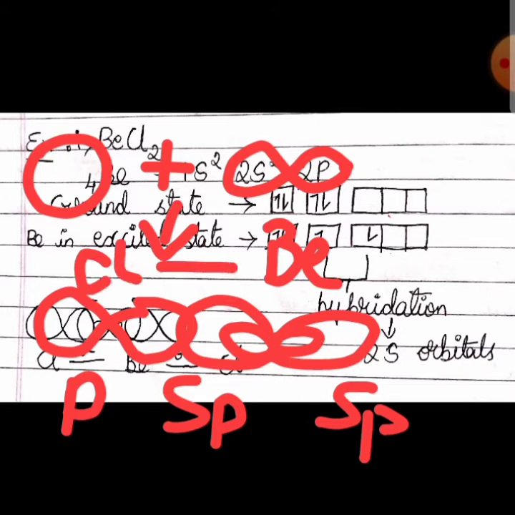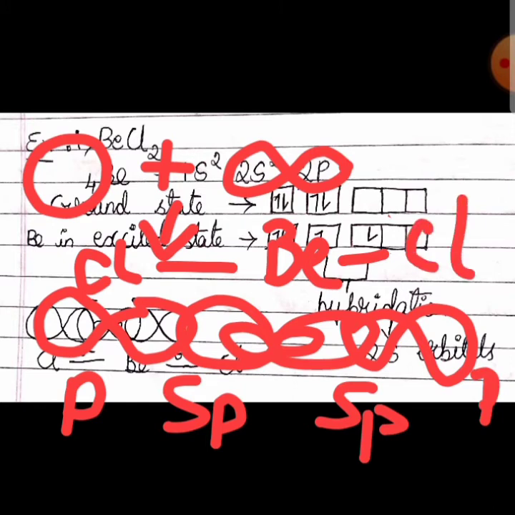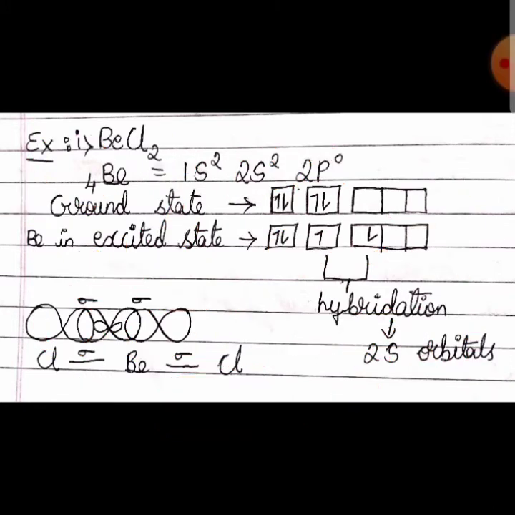Another sp hybrid orbital also overlaps axially with the dumbbell shape p orbital of another chlorine to form one sigma bond. So in beryllium chloride, BeCl2, two sigma bonds are there due to sp hybridization, the structure is linear and the bond angle is 180 degrees.